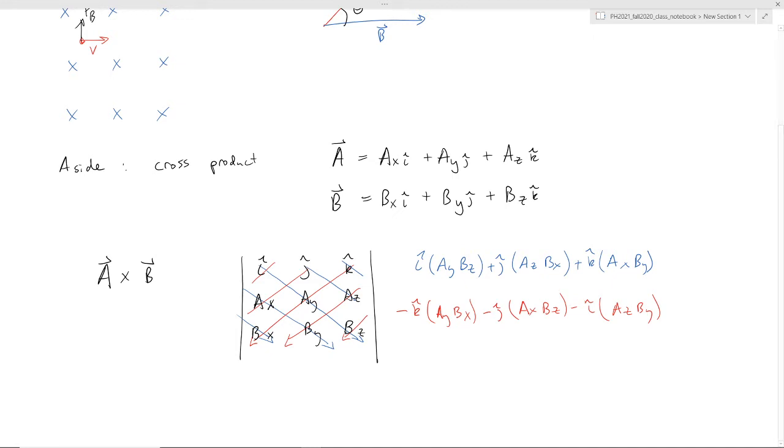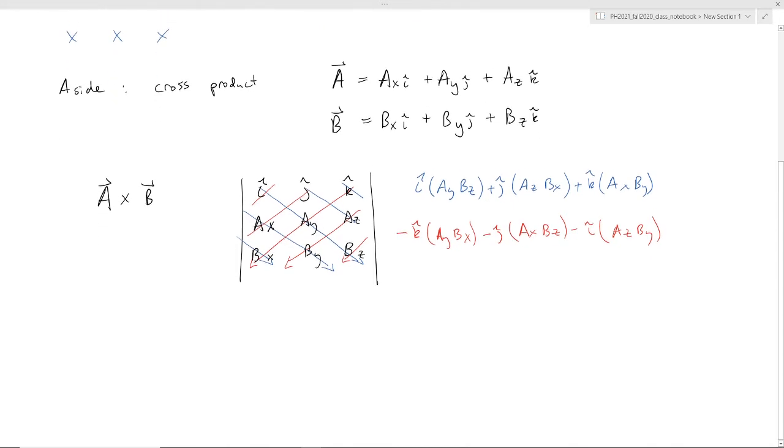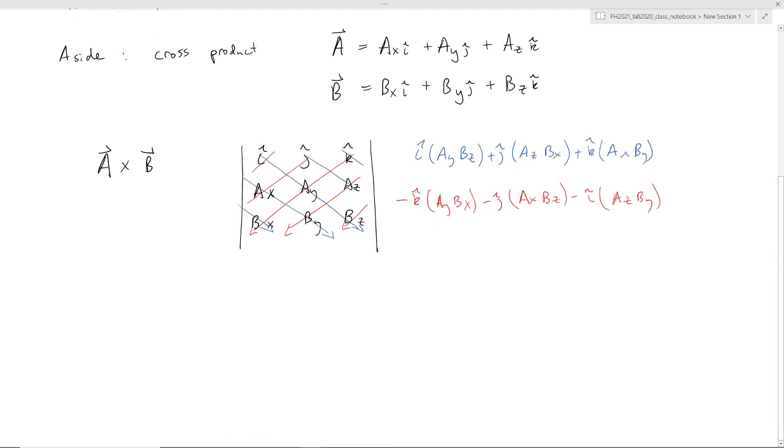And we can confirm some simple examples that we had already looked at.